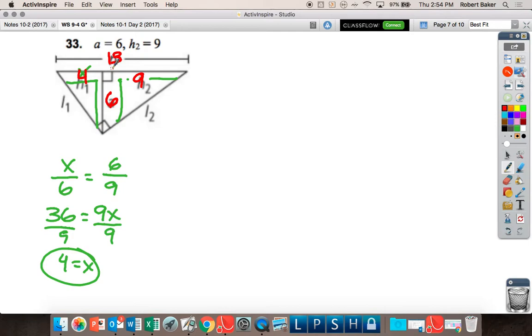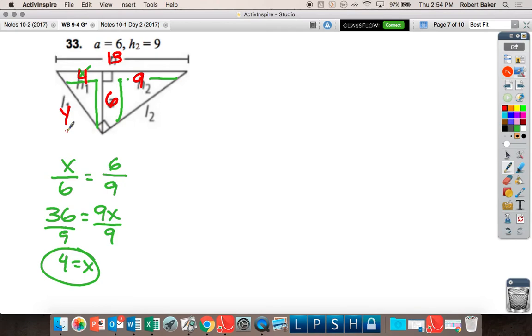Now you want to solve for L1 or L2? L1. So you do the y over, no, 4 over y. Always go hypotenuse out.